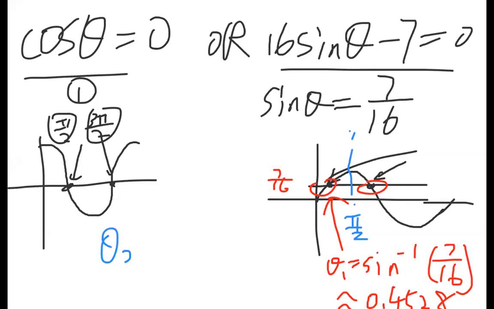So the other theta would be pi minus the first theta, which is 2.6888.